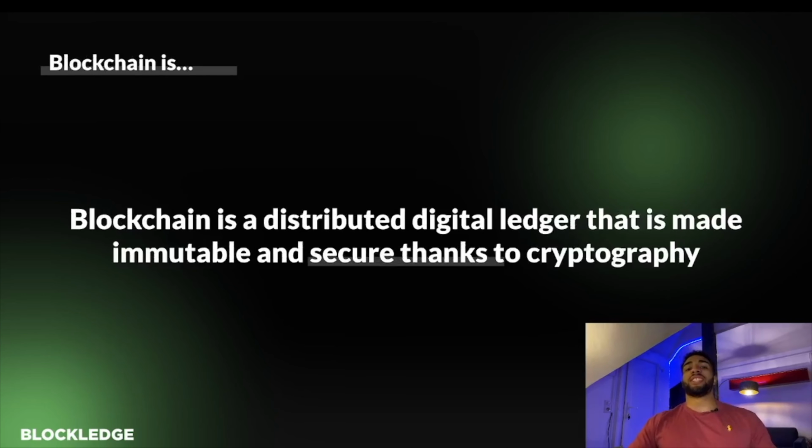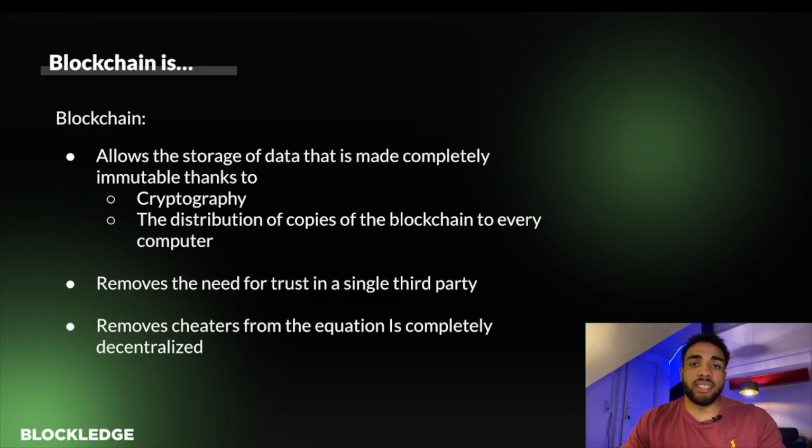So I know you've been waiting for that, but to sum up all of what we saw, we can say that blockchain is a distributed digital ledger that is made immutable and secure thanks to cryptography. And you might understand now that blockchain is great for all of these reasons, but also for these. Blockchain allows the storage of data that is made completely immutable thanks to cryptography, and the distribution of copies of the blockchain to every computer.